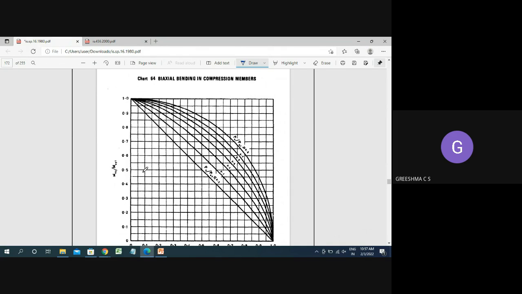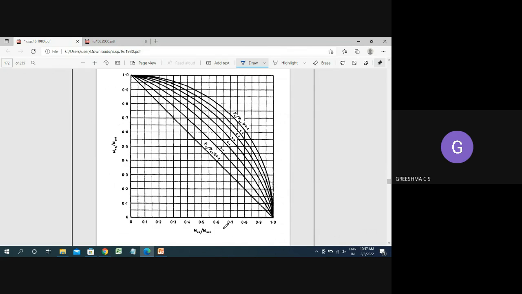On the y axis you can see Muy divided by Muy1, and on the x axis you can see Mux divided by Mux1. From this chart you should find out the Mux divided by Mux1 value.